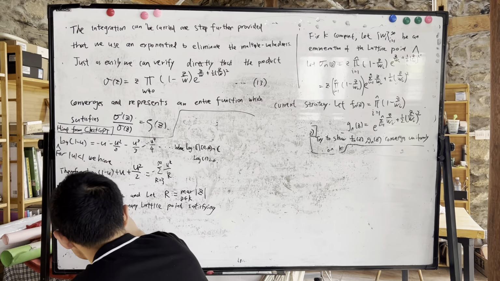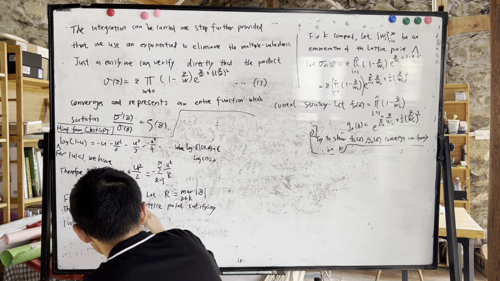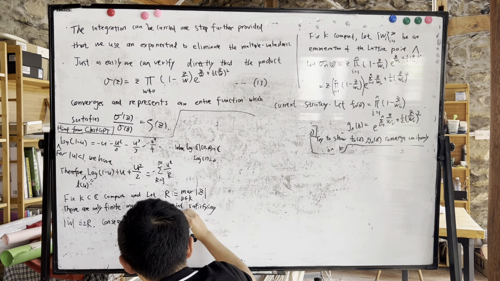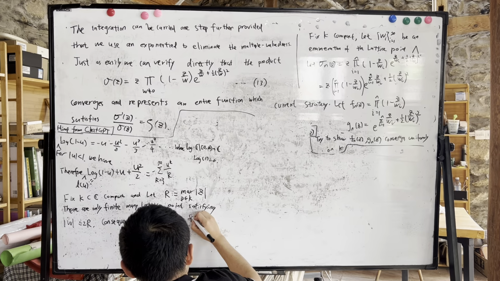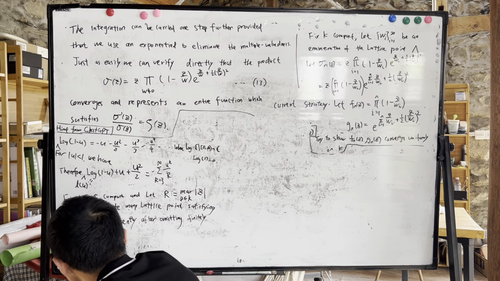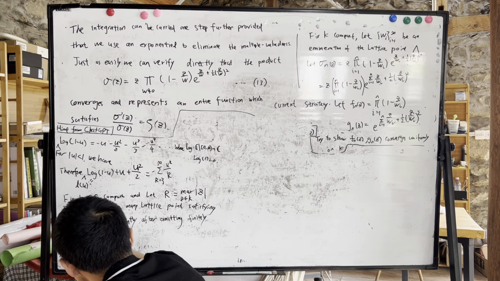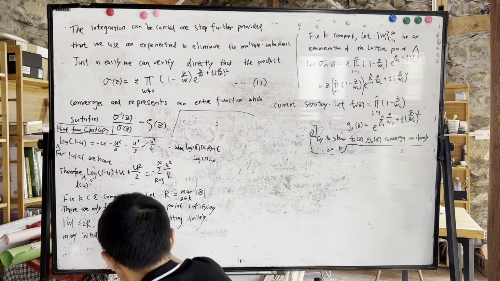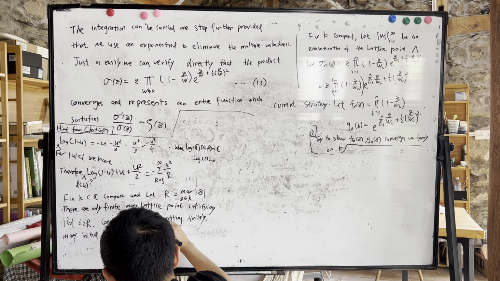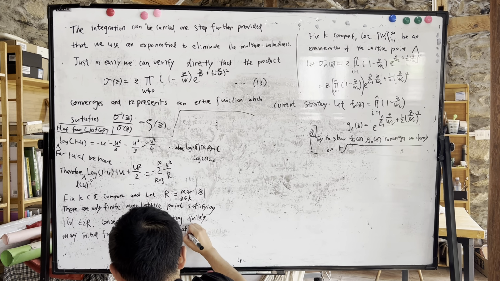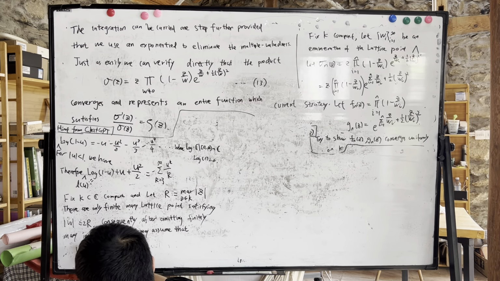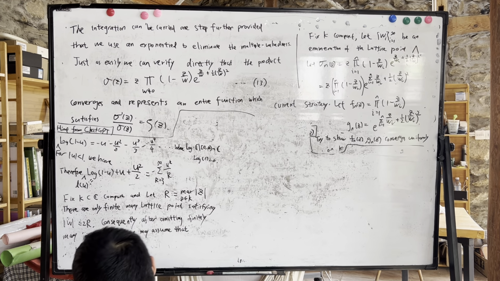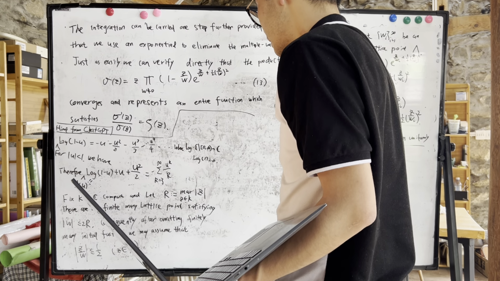So then he says that consequently, after omitting finitely many initial factors, we may assume that modulus of z over omega is less than or equal to 1/2, where z is in K. Yes, so we can do that, right?